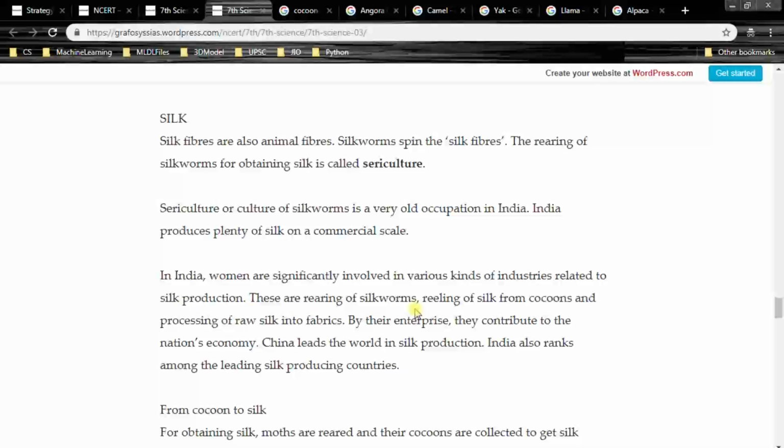These are rearing of silkworms, reeling of silk from cocoons, and processing of raw silk into fabrics. By their enterprise, they contribute to the nation's economy. China leads the world in silk production. India also ranks among the leading silk producing countries. This is how silk is produced, and India is one of the top leading producers of silk, and China is at the top.